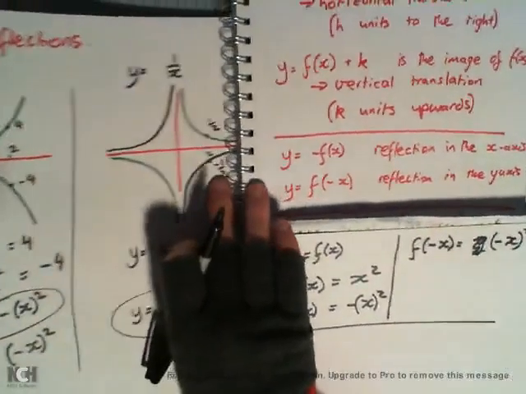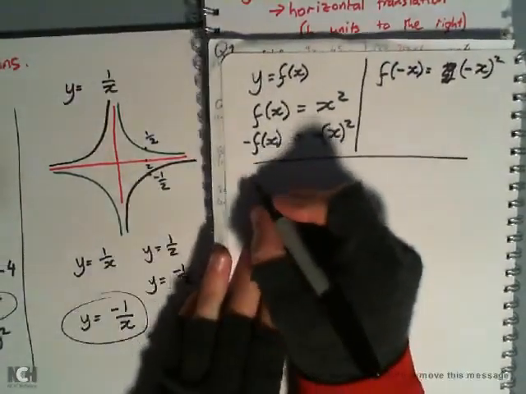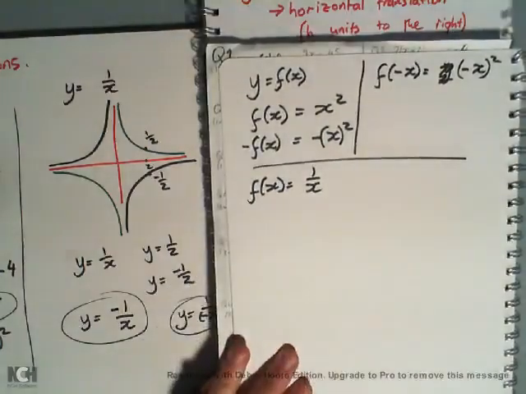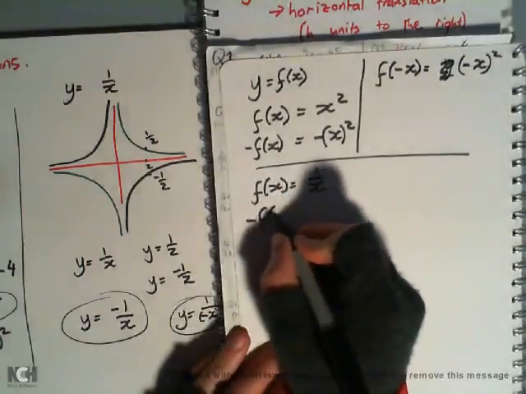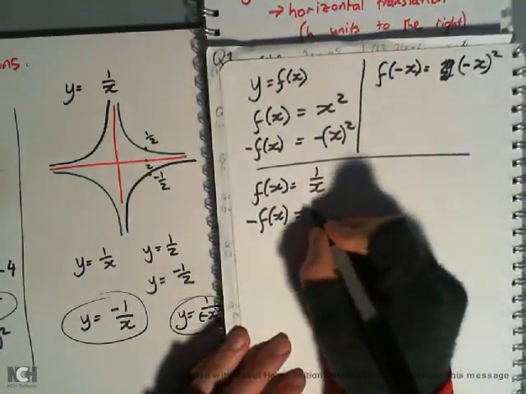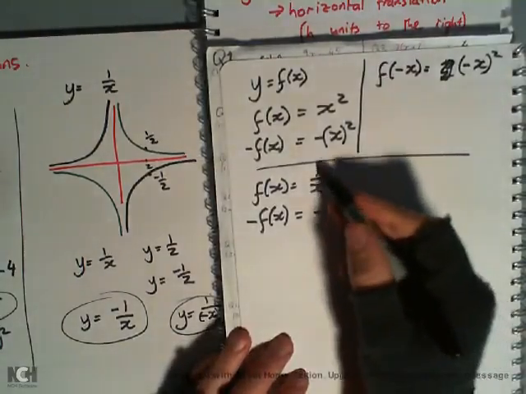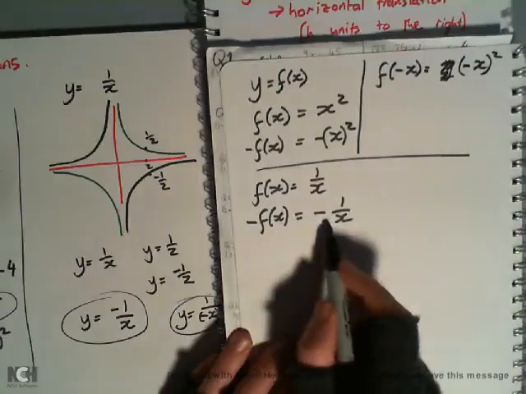For our 1 on x, our original function is 1 over x. We want a reflection in the x-axis, so we have minus f of x. So we say minus 1 on x. There's my original function, and for f of x, I just put a minus in front of it.